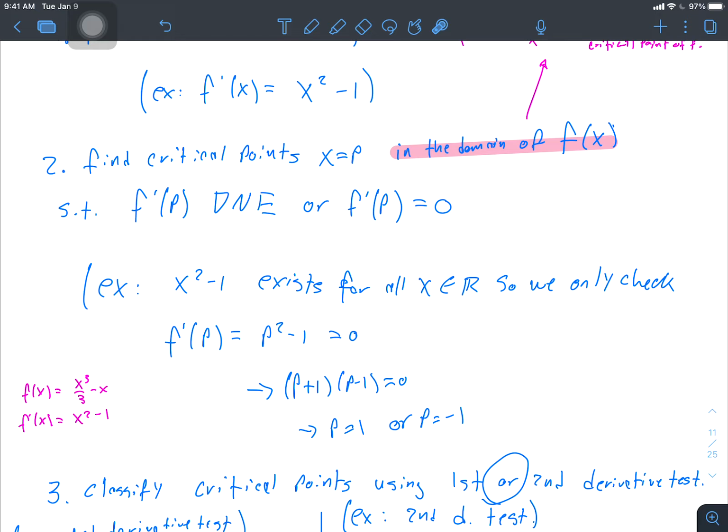Good question. How would you do it if the point did not exist? Maybe I'll show an example of that another day. I'll prepare one for you. How about that? Would you ever do that on a quiz or an exam?